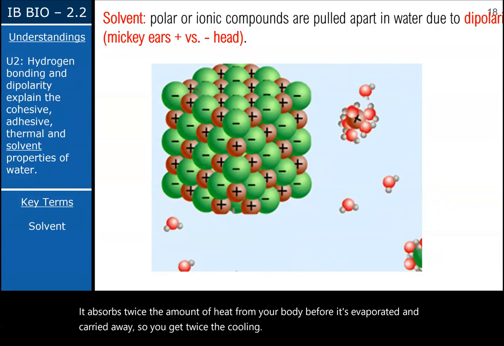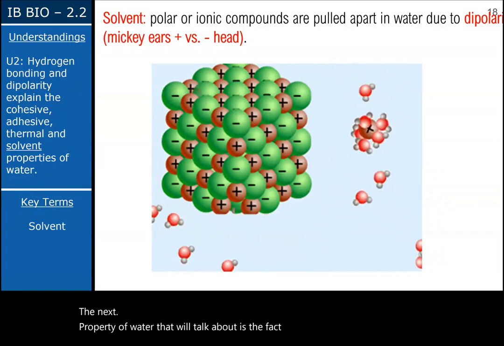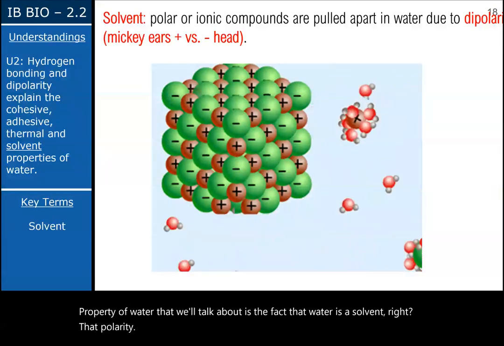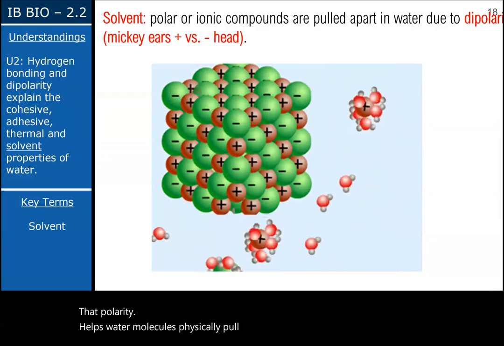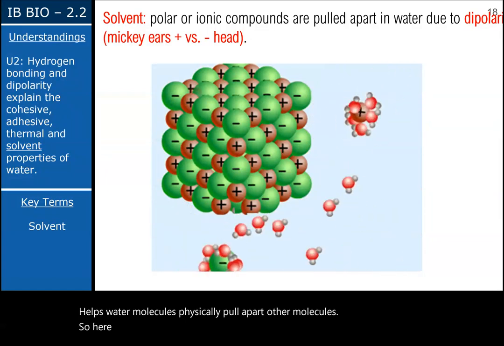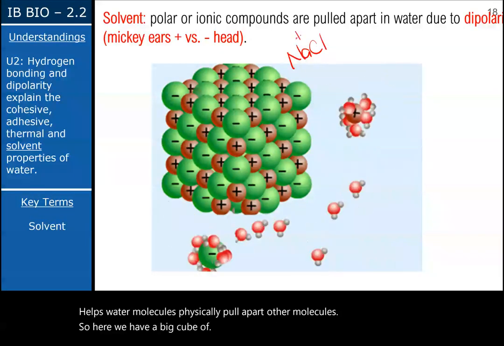The next property of water that we'll talk about is the fact that water is a solvent, right? That polarity helps water molecules physically pull apart other molecules. So here we have a big cube of sodium chloride.